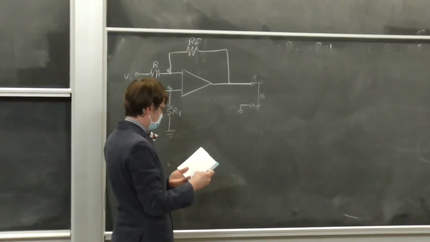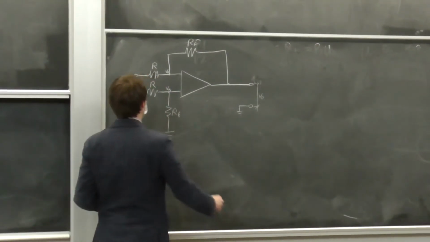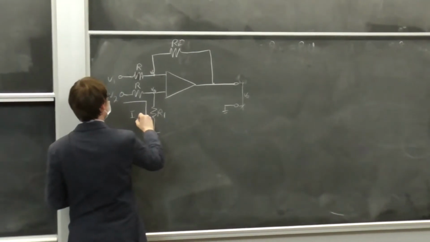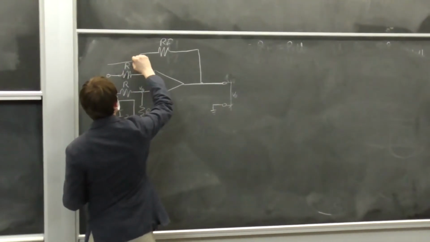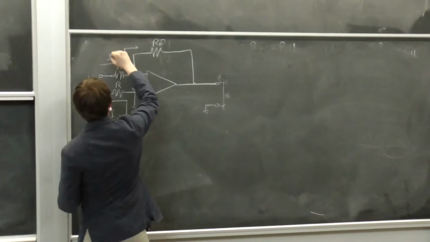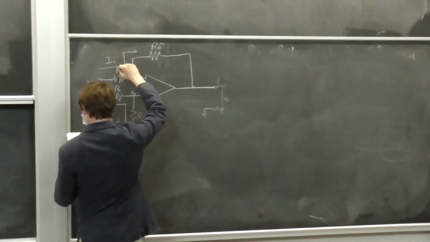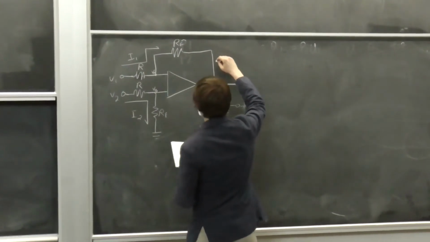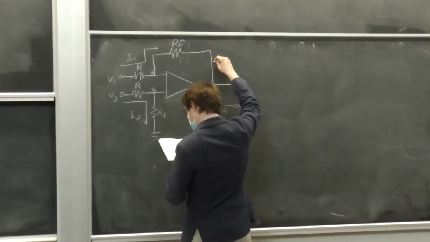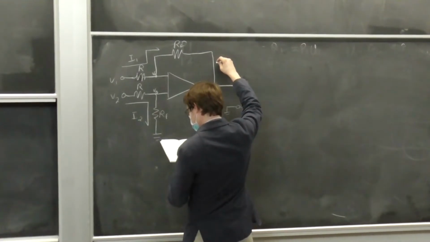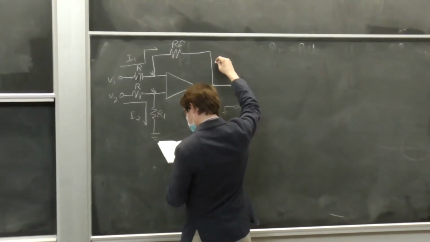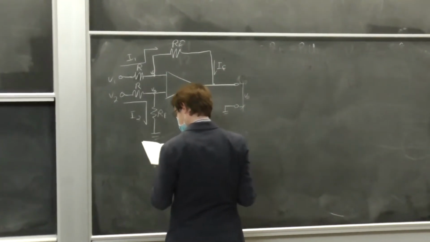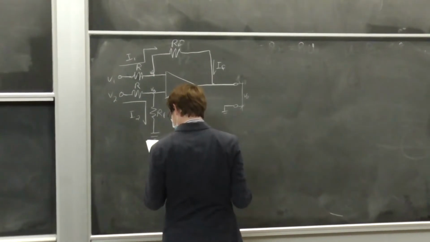So, let's label some currents. Call this I2. We'll call that guy I1, which we will also call IF, just to say that they're equal later on.